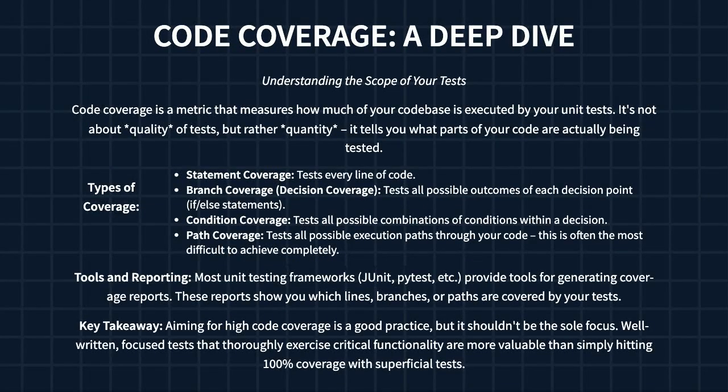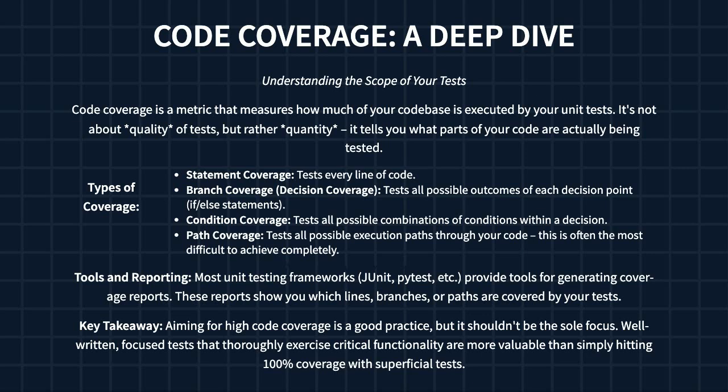Okay, let's talk about code coverage. Think of it as a way to see how much of your code base is actually being tested by your unit tests. It's not necessarily about how good the tests are, but rather how much of your code they cover.